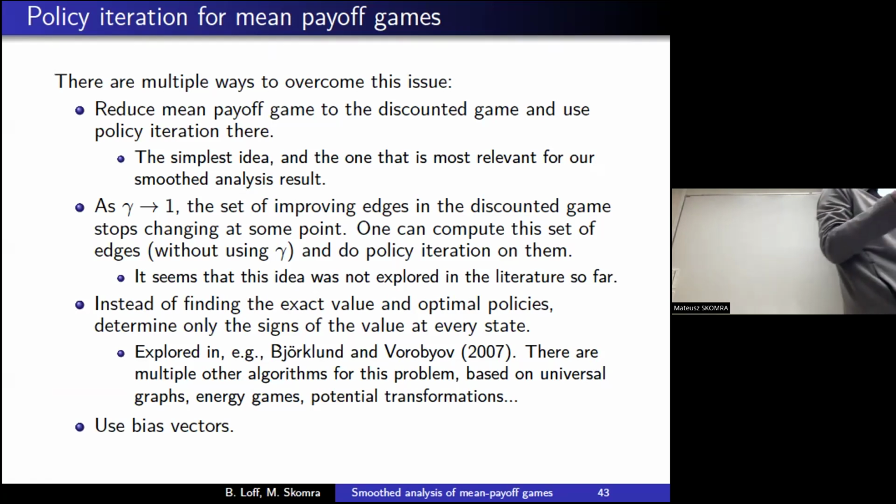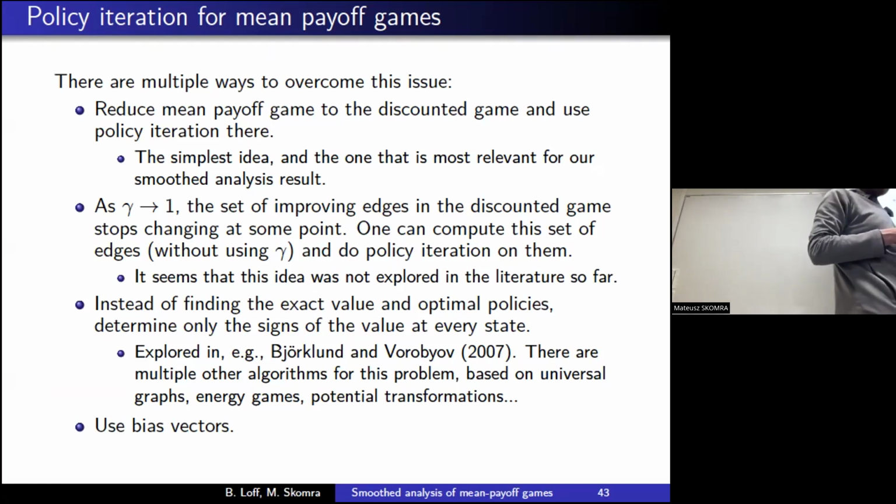There is a procedure to compute it in polynomial time, maybe not fast, but in polynomial time. If you now use these edges, you will in a sense follow the discounted game with an extremely high discount factor, so it will also converge. There is a little bit about this in the literature, but maybe not that much. So that's one idea that one can also have.